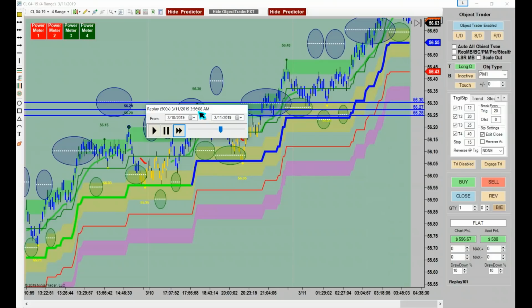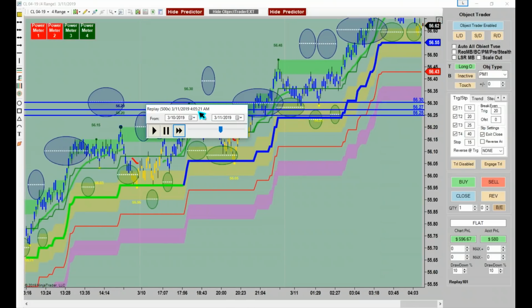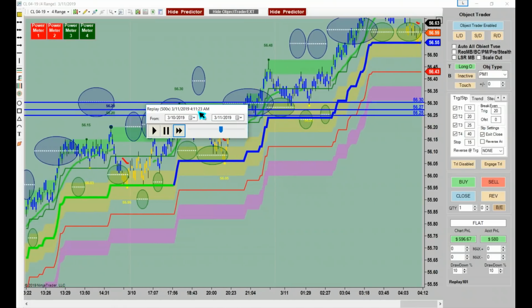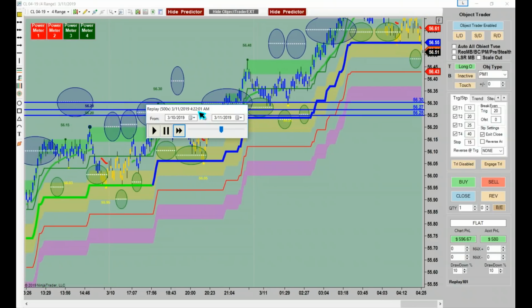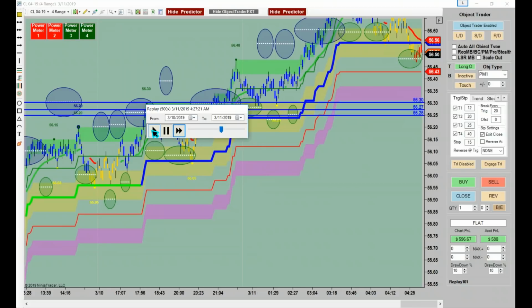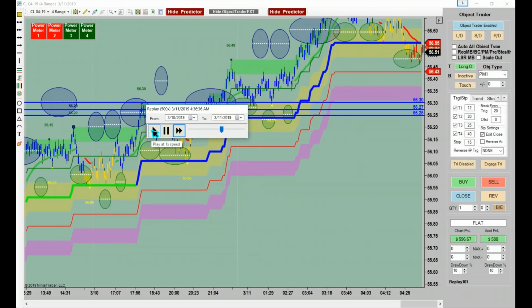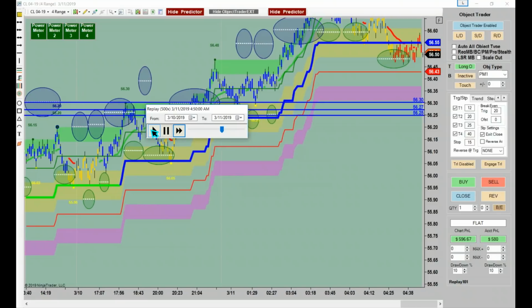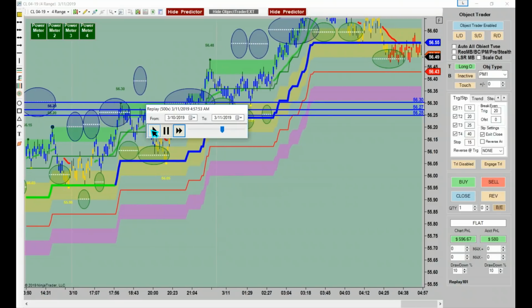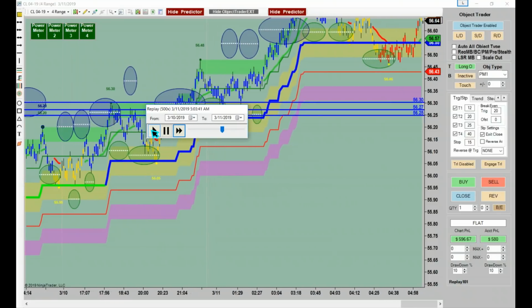Keep on trucking, crude. Don't you hate it when they go up like that when you're sleeping? It looks like a little box-in type trade. Yep.